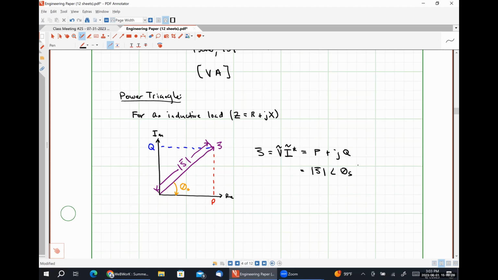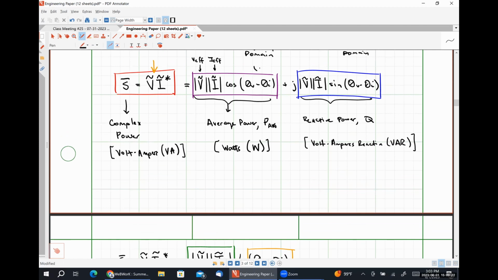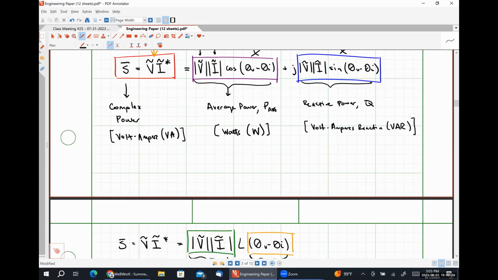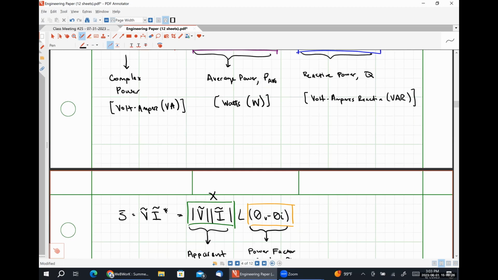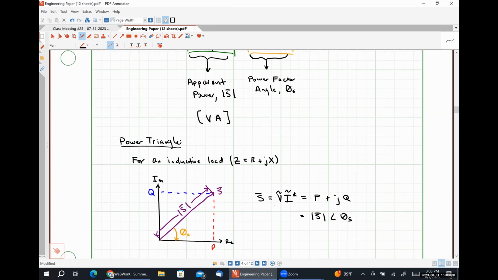The reason why I'm pointing it out in this way is because if you know how to use your calculator and you can remember which part is which, you never need to use this equation or this equation or this equation or this equation. The only equation that you will need to actually use is this one right here.